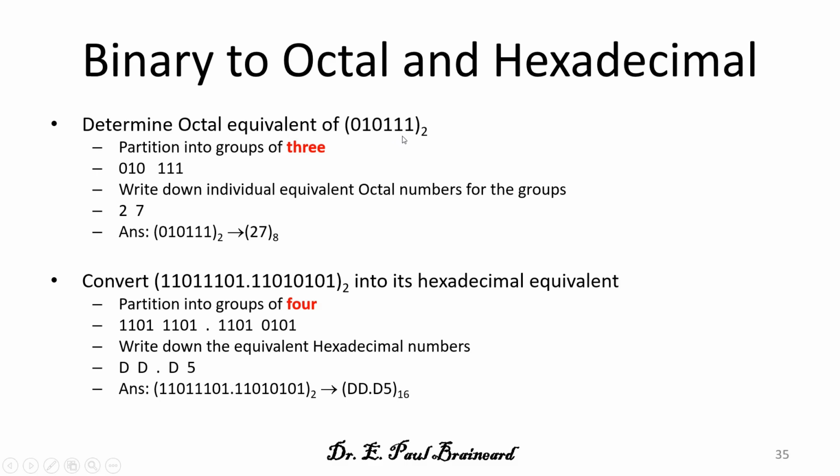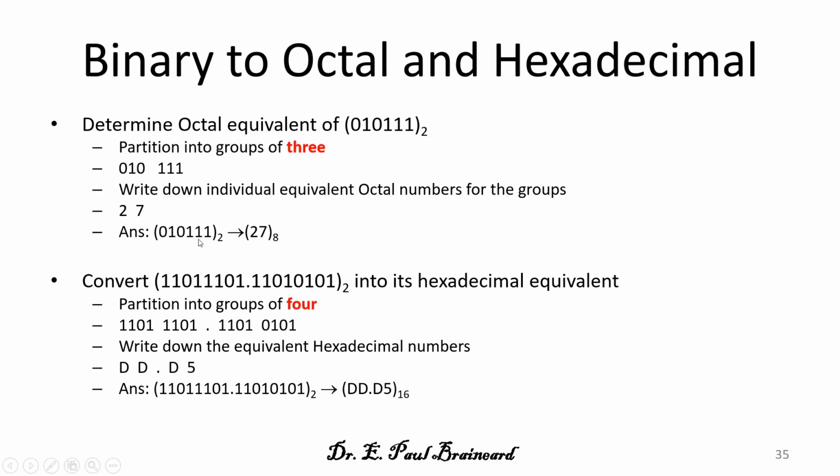So 111, then 010. Then write down the individual equivalent octal digits for the groups. So 010 is 2, 111 is 7. Therefore, the octal equivalent of the binary number 010111 is 27.